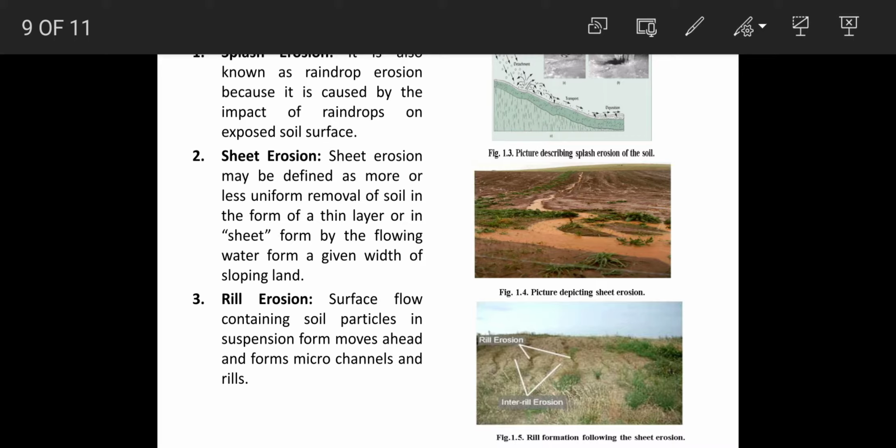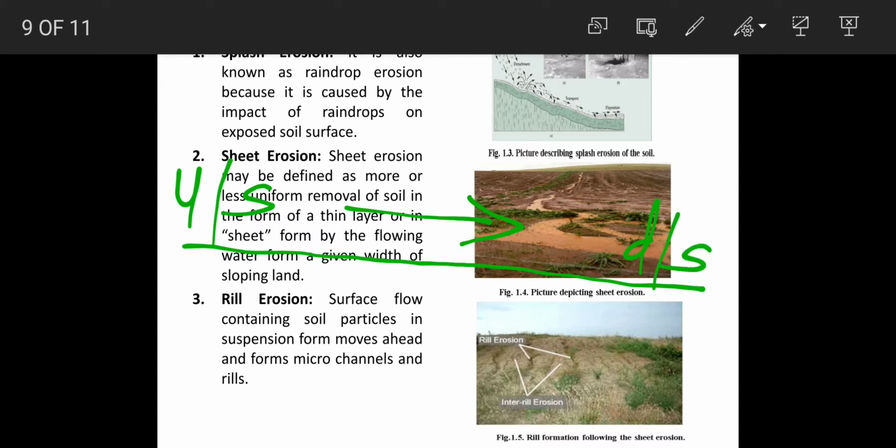Now if it is not clear to you what the sheet erosion is, consider that there is a sloping ground surface, and there is runoff flow over the ground surface from the upstream side to the downstream side.